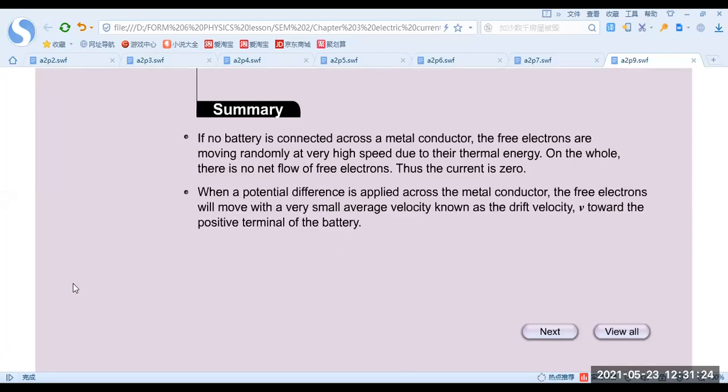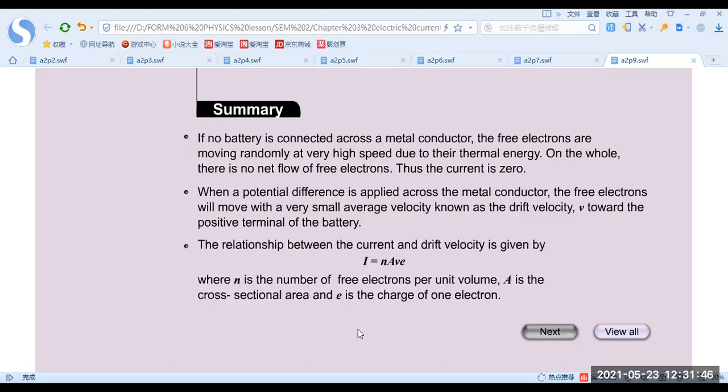Next, when the potential difference is applied across the metal conductor, the free electrons will move with a very small average velocity, known as the drift velocity, towards the positive terminal of the battery.